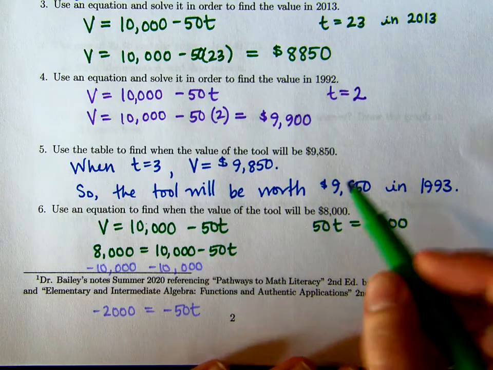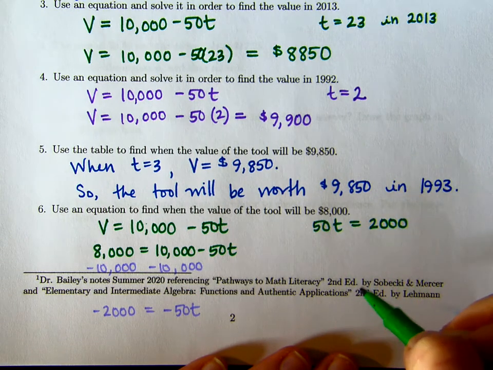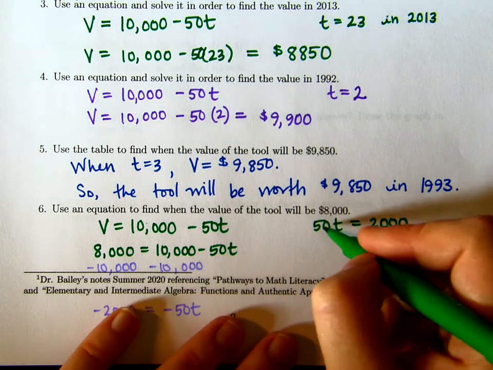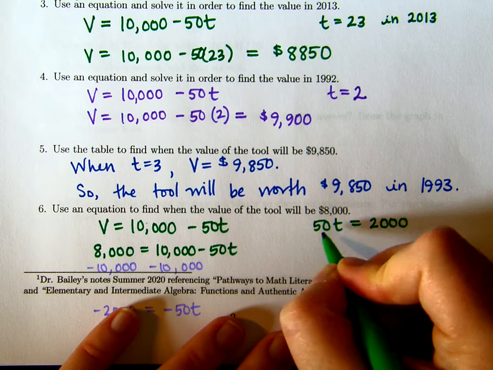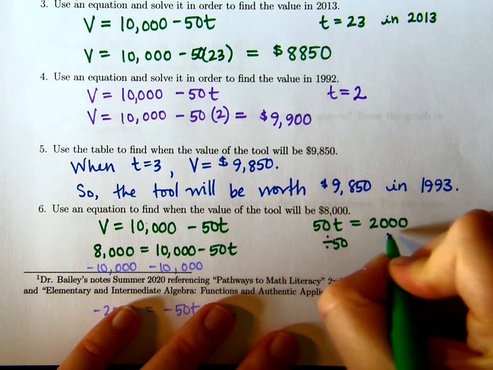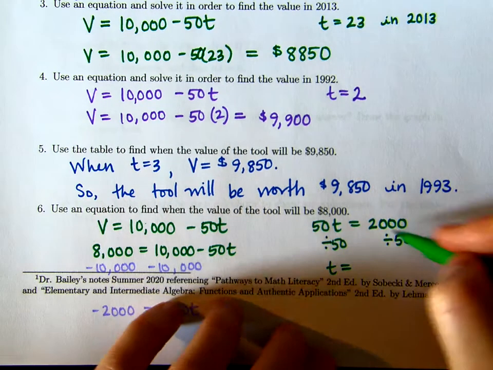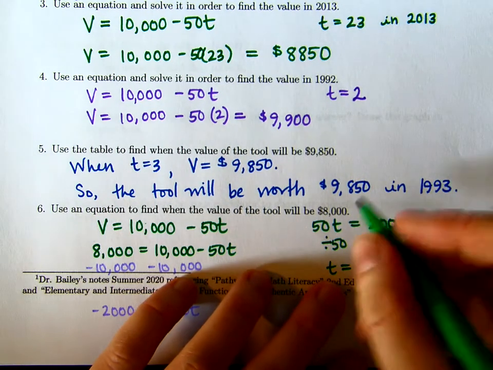Nonetheless, so now since T is being scaled up by 50, we need to scale it down. So 50 times T, undo that by division. So divide both sides by 50. And what is that, 40?